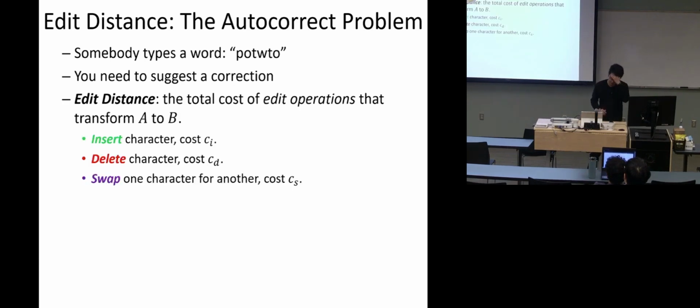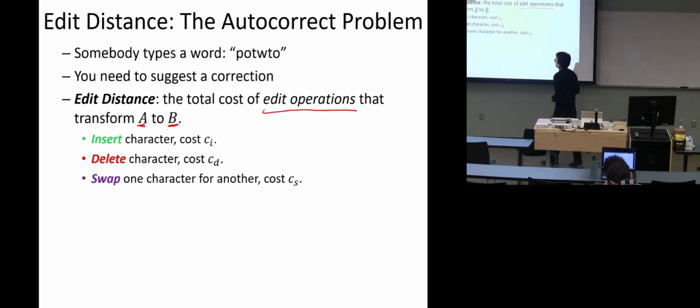Now to do that, you at least need to know the distance between any two words. So what does it mean? Edit distance is just the total cost of the edit operations that you use to transform a word A into another word B. For example, there can be three types of edits.